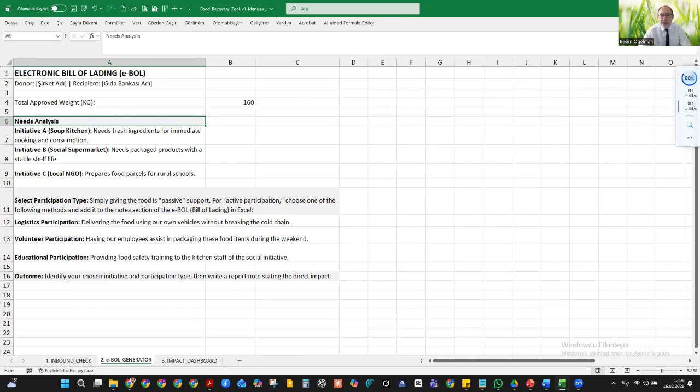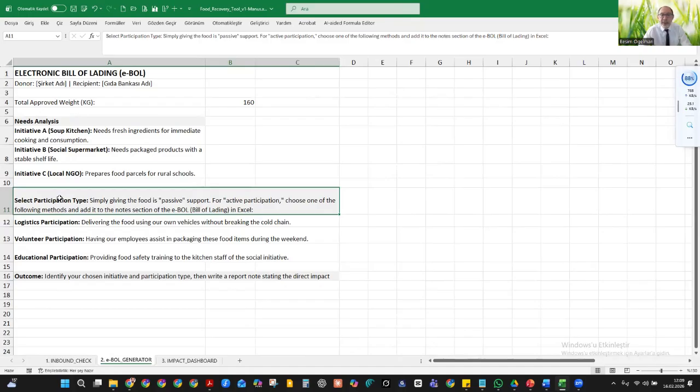social initiative. The second and most critical stage is determining our active participation model. Simply having a truck drop products off at the door is passive support and has limited sustainability. How can we, as professionals, add value to this process?